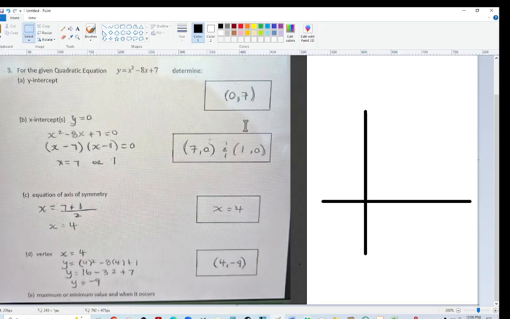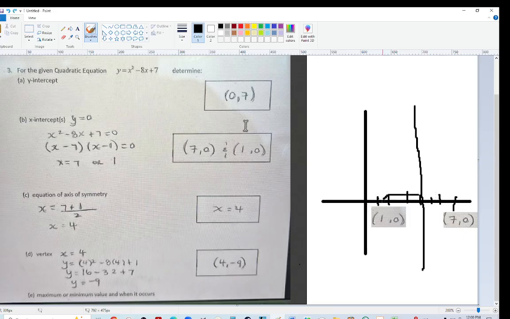So if this is the first x-intercept and this is the second x-intercept, we can see that the distance between 1 and 7 is 6. We can see that it's 1, 2, 3, 4, 5, 6 apart. And the axis of symmetry will always be halfway between those two. Well, the halfway point between 6 apart is 3.